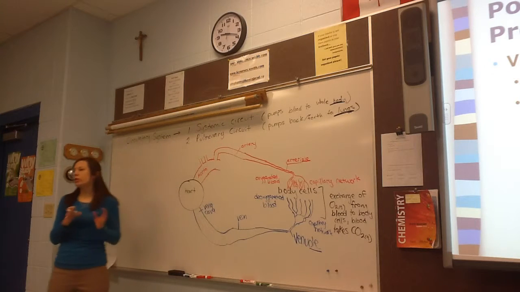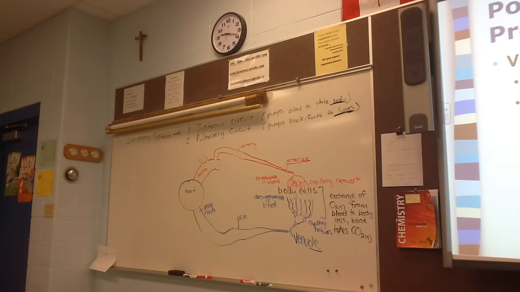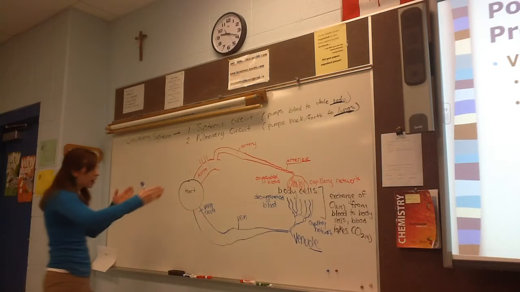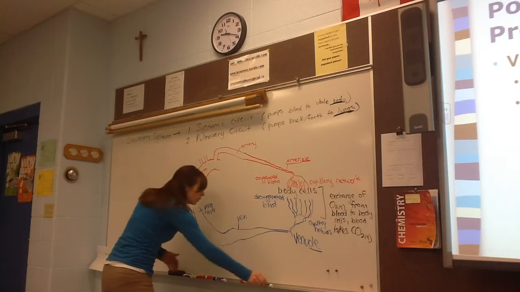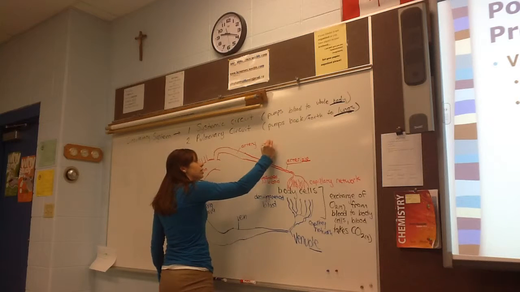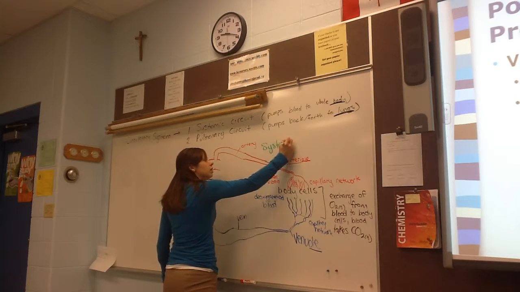So it is a special type of vein that delivers the blood from the body to the heart. Okay, so any questions about this? Which one is this, the systemic circuit or the pulmonary circuit? Systemic. So this side of our sheet we can declare is our systemic circuit.